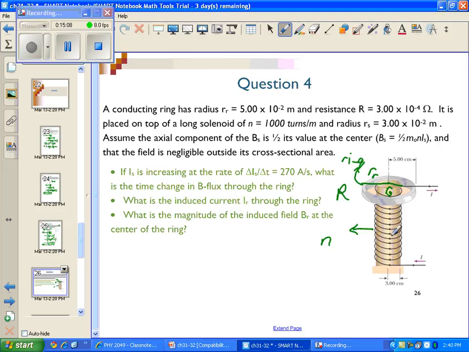So in other words, the magnetic field is strongest at the center of the solenoid and right along the axis of the solenoid. And as we move away from the axis and towards the ends of the solenoid, the magnetic field drops down to 1/2 of its maximum value.